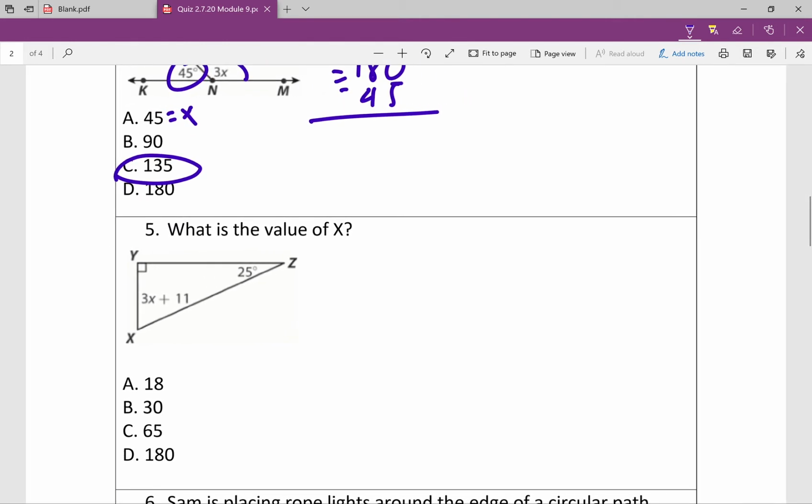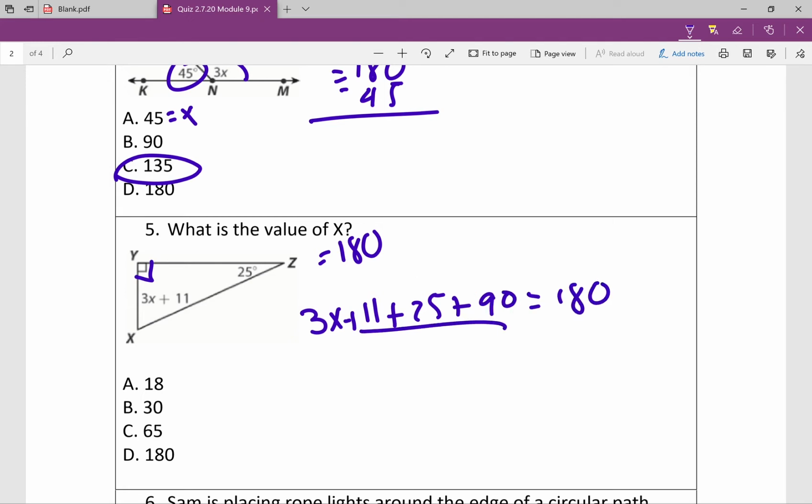Next one. This one, I am looking for the value of x. And I know the angles of a triangle have to equal 180. So I have 3x plus 11 plus 25 plus 90 has to be 180. When I combine the like terms, 11 plus 25 plus 90, I get 126.